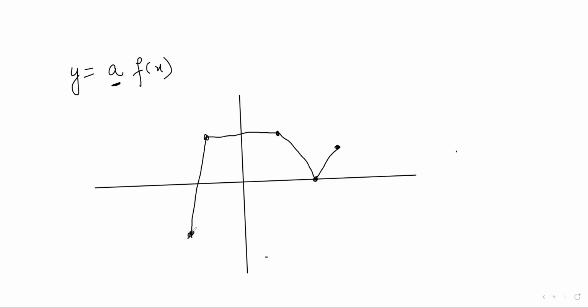This is the original graph. And this graph is multiplied with the scale factor of y is equal to 2f of x. So this graph is multiplied with 2. So what will be the new graph after the multiplication by 2?